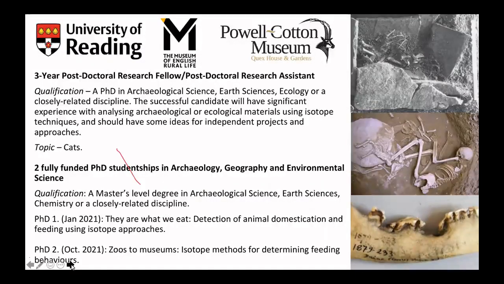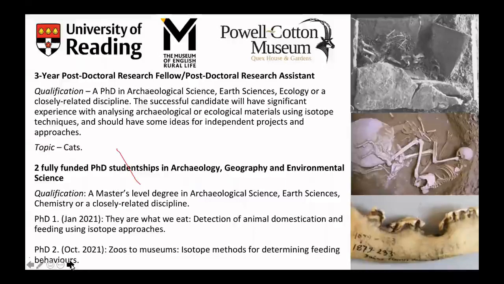Sure, yes. So we've got a 3-year postdoc at University of Reading, and we are going to be part of the analytical hub for the project. We're looking for someone who has a PhD from a very broad range of backgrounds: archaeological science, earth science, or ecology.